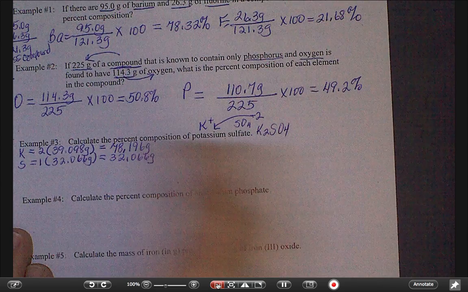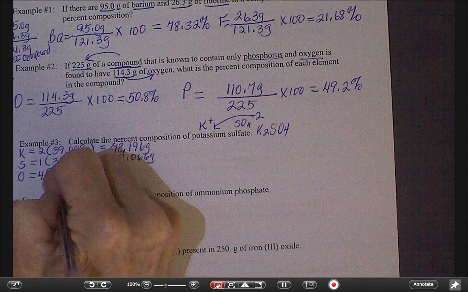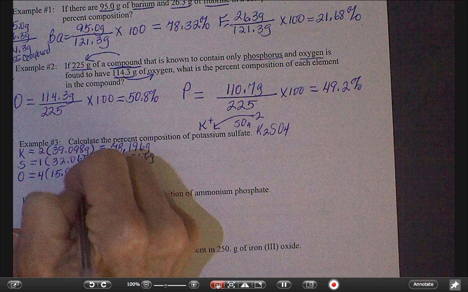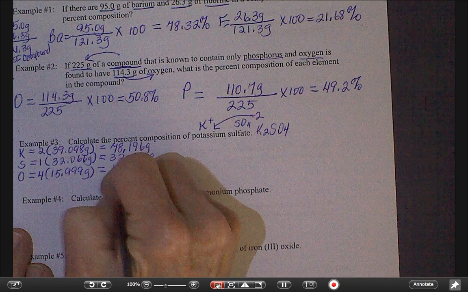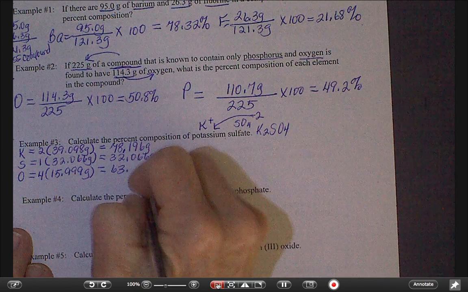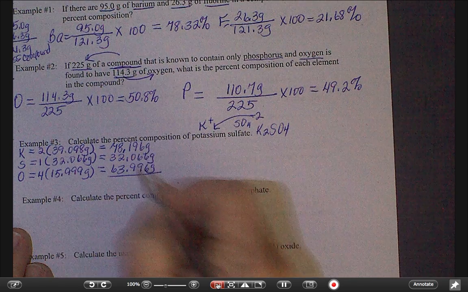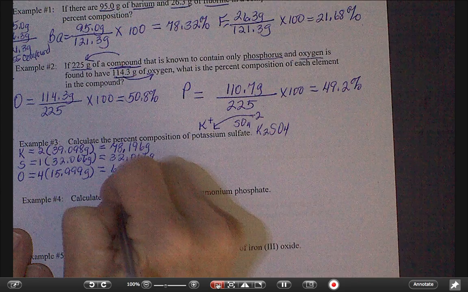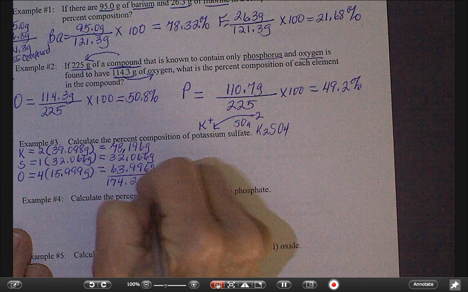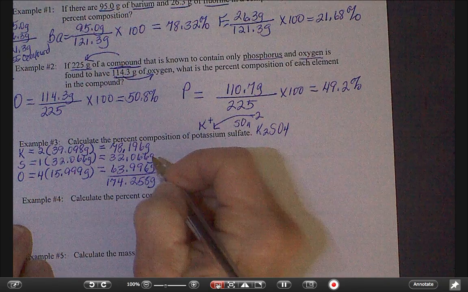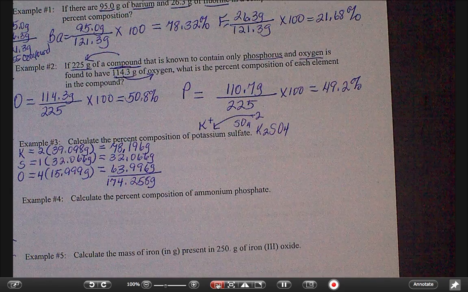And then we have 4 O's. 4 times 15.999 grams is equal to 63.996 grams. And we total that up and get 174.258. Okay? All right. So that's exactly what you did yesterday on yesterday's assignment.